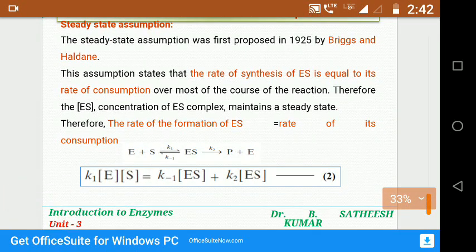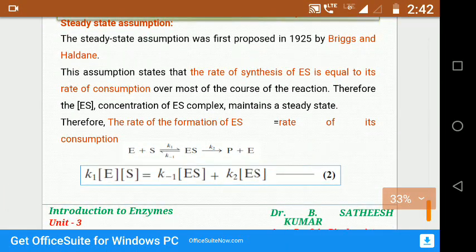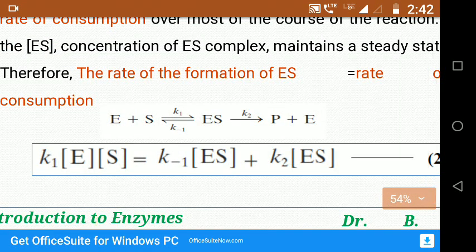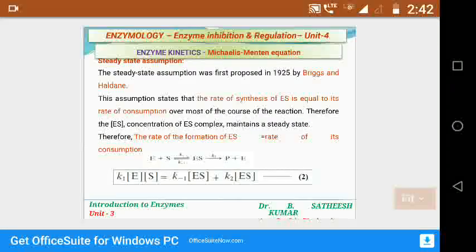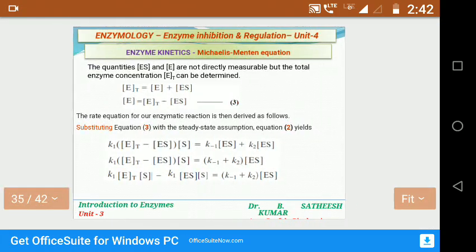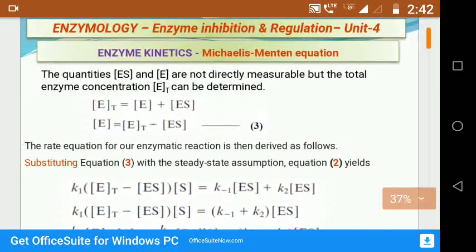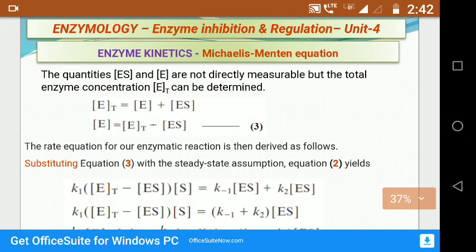Anyway, we will solve for ES, and we have to know E also. E means the free enzyme that is free to bind substrate. So in this equation we can measure the ES but not E.